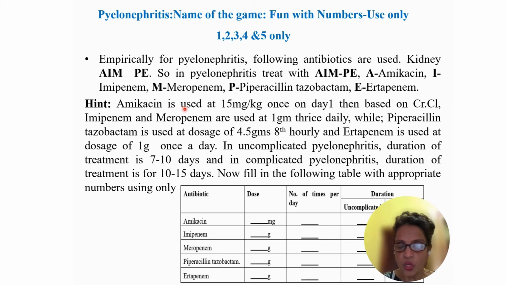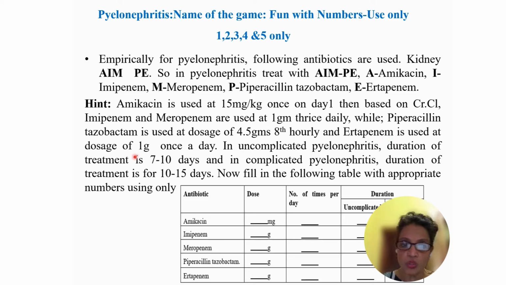So let me give you the dosages of antibiotics. Amikacin is used at 15 milligram per kg once a day, and then based on the creatinine clearance. Then imipenem, meropenem are used at 1 gram thrice daily or 8 hourly, while piperacillin tazobactam is used at a dose of 4.5 grams 8 hourly.